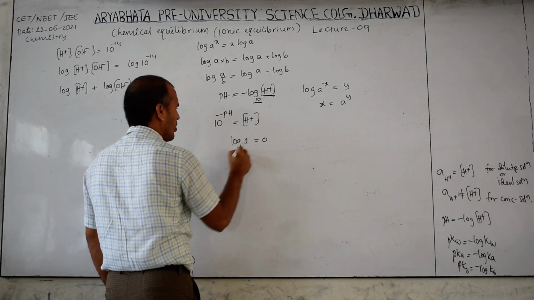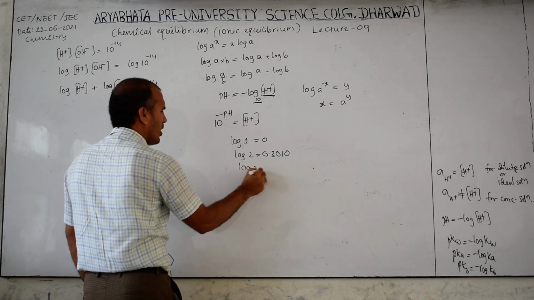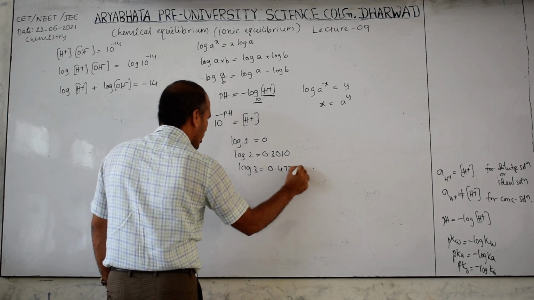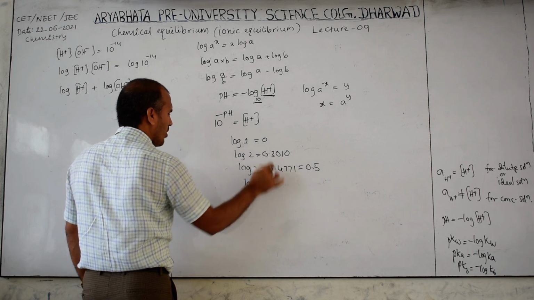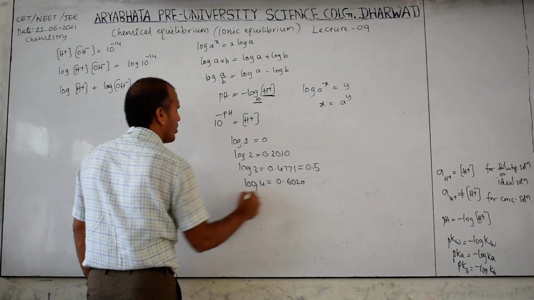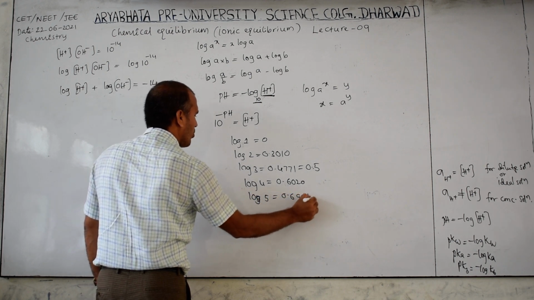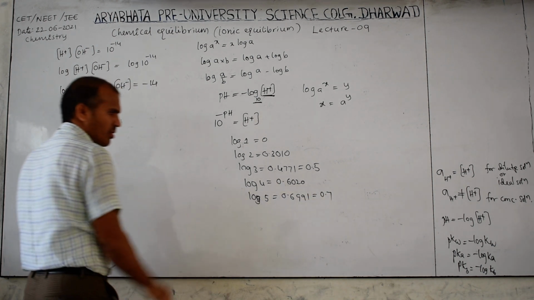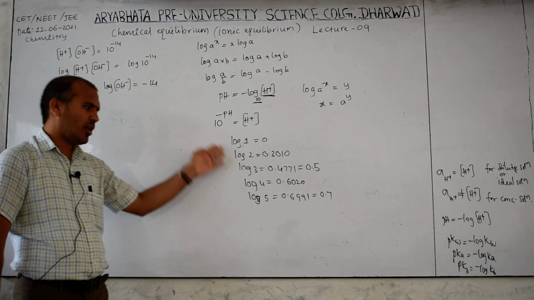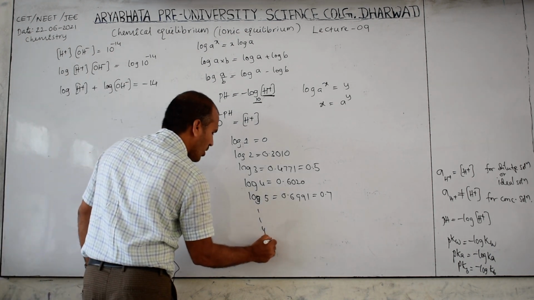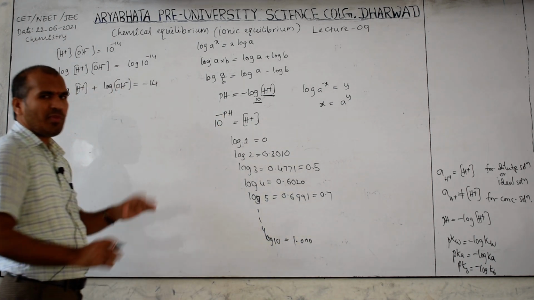Log 1 is 0, log 2 is 0.3010, log 3 is 0.4771, roughly you can write 0.5, log 4 is double of this, 0.6020, log 5 is 0.6991, roughly you can write 0.7 also. Generally these values are involved frequently, therefore you have to remember them. Log 10 is equal to 1.